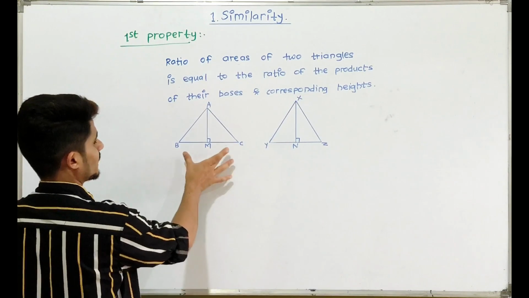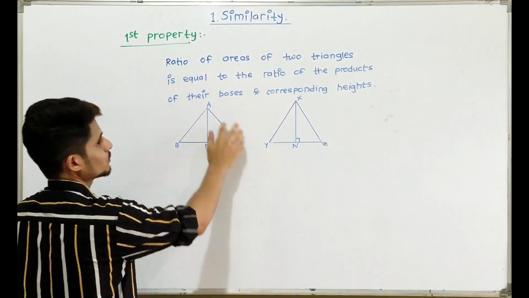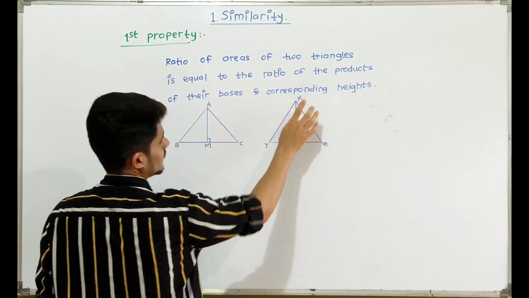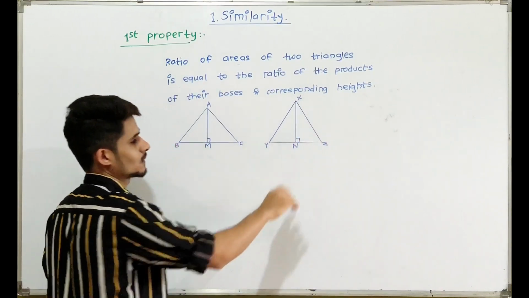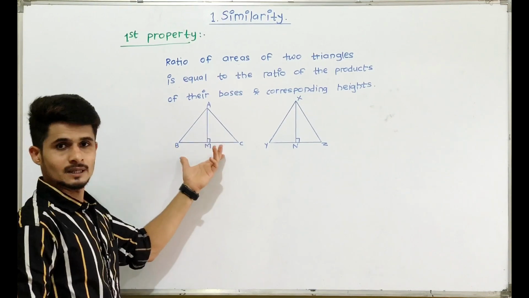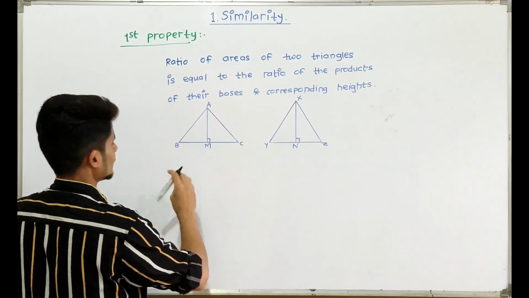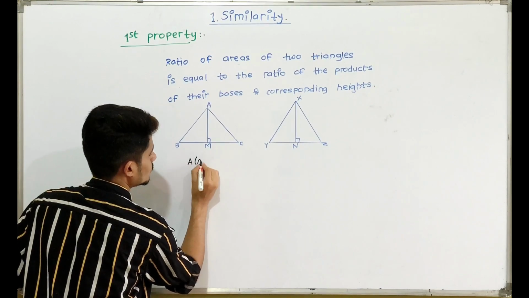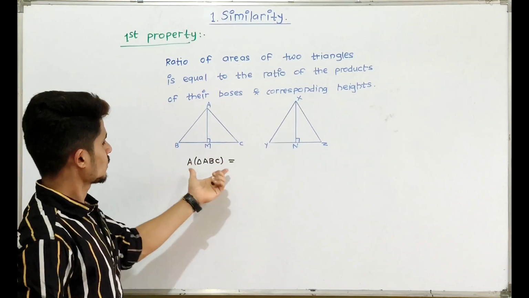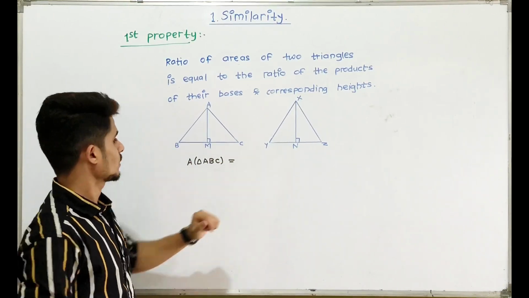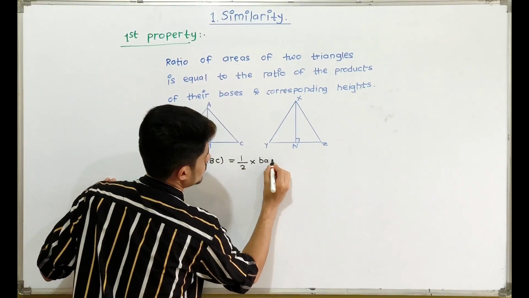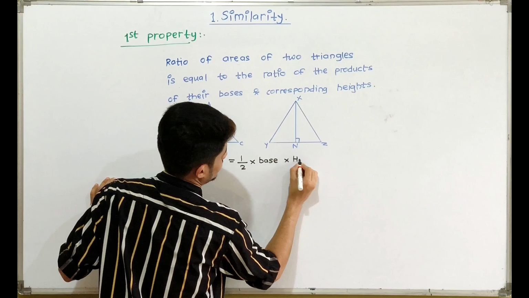So we have two triangles, that is triangle ABC in which AM is perpendicular to BC. Similarly we have another triangle XYZ in which XN is perpendicular to YZ. So firstly we'll find the area of first triangle, that is area of triangle ABC. As we all know, the formula for the area of triangle is half into base into height.